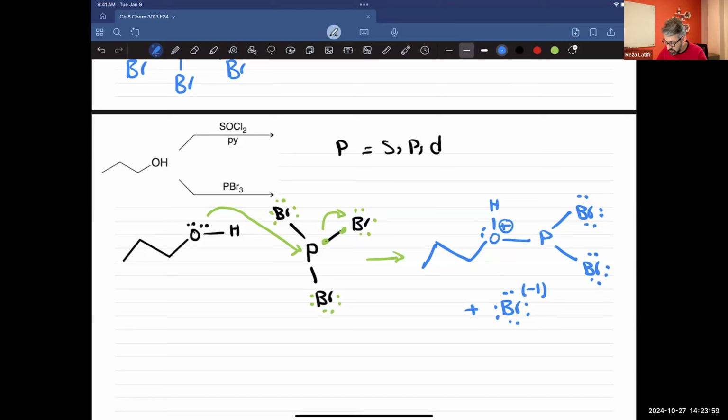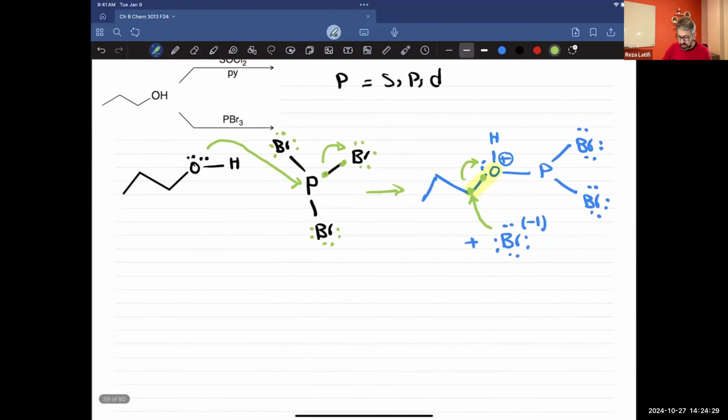Now look at oxygen. Oxygen has a positive charge. Oxygen is really electronegative and does not want to have a positive charge. So it will try to steal these 2 electrons and leave the system. If oxygen leaves the system with those 2 electrons, it will be neutral. And bromide is going to use this situation and attack carbon.